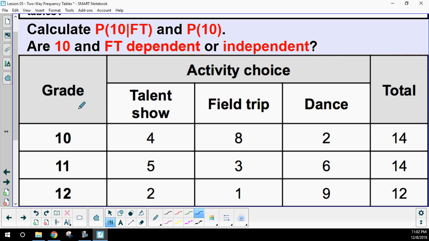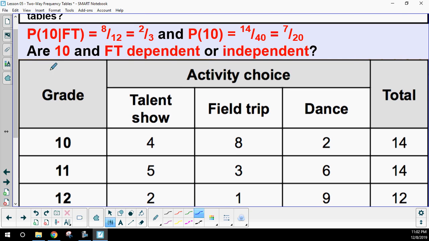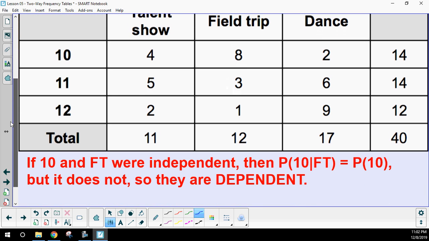All right. Again, I assumed you paused it, so now you hit play again. So if we look at our numbers here, 2 over 3, 7 out of 20, are 10th and field trip dependent or independent? If 10th and field trip were independent, then 10th grader given that they picked field trip equals the 10th grade.